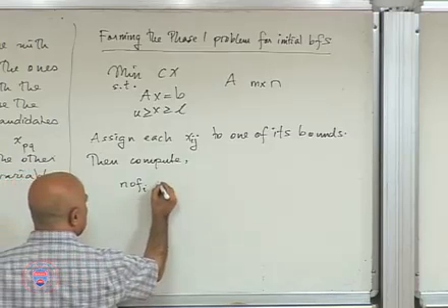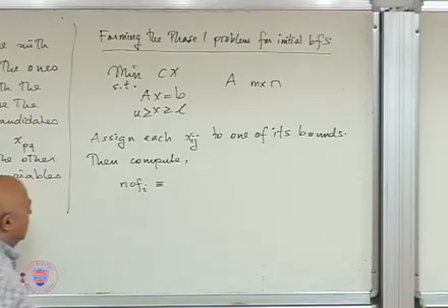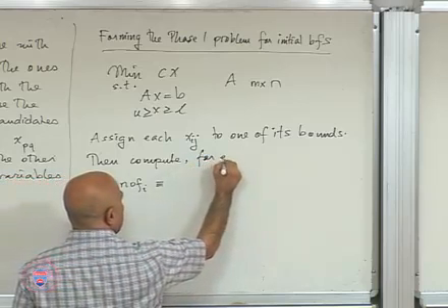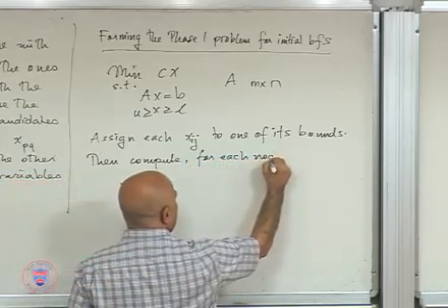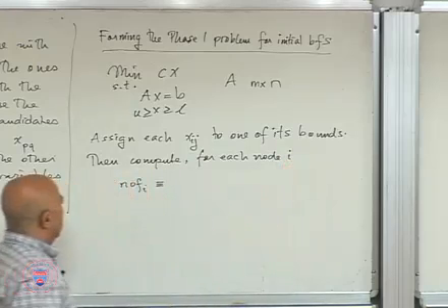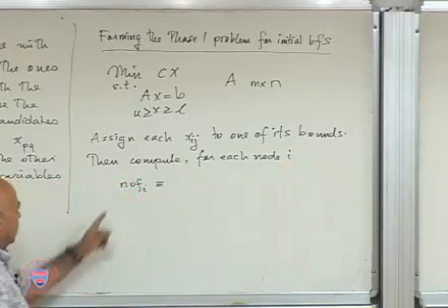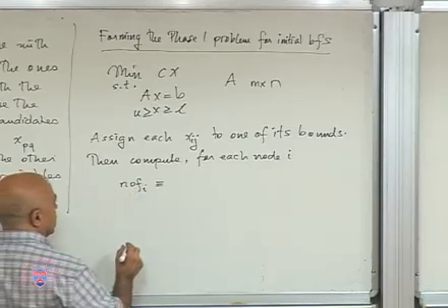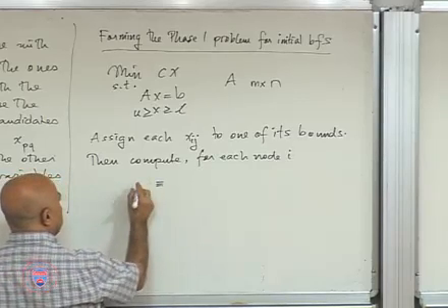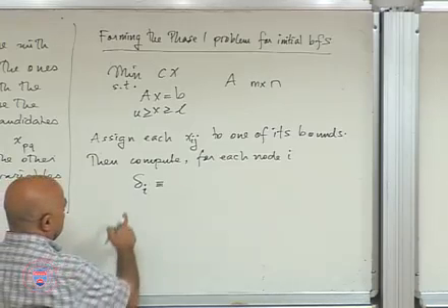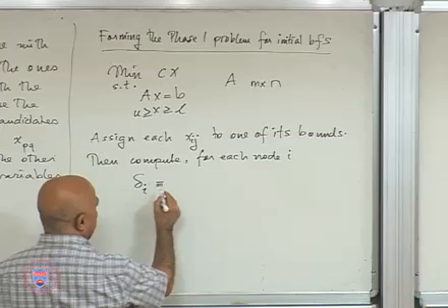How do you compute this? By definition, compute for each node I the net outflow at node I. Let me just call this delta I, it's much easier that way. Too many letters. This is the total net outflow at node I.